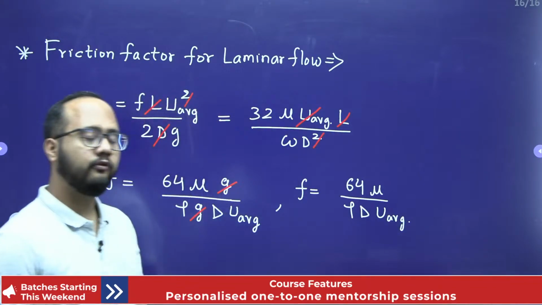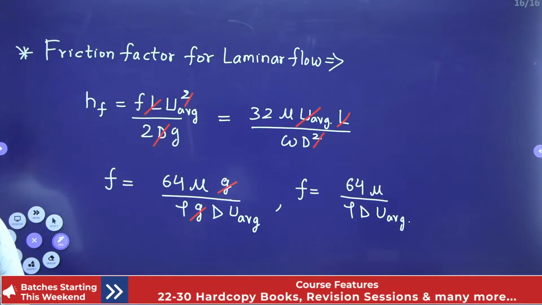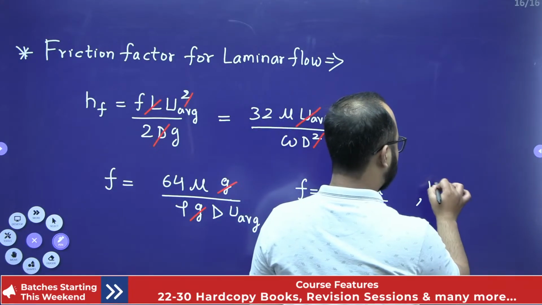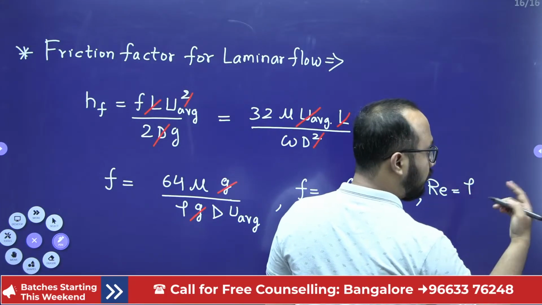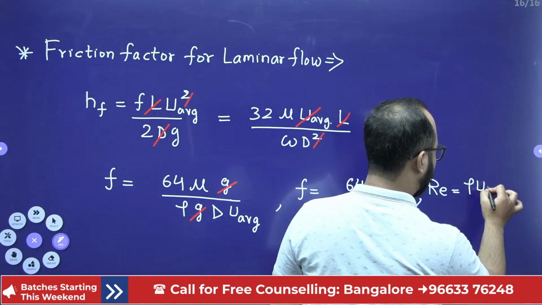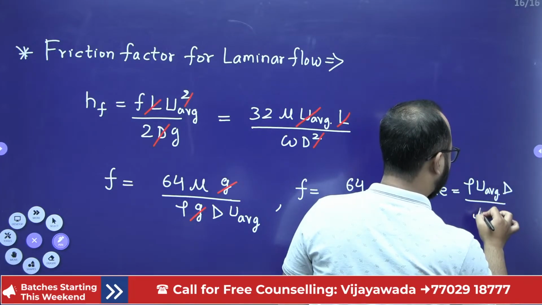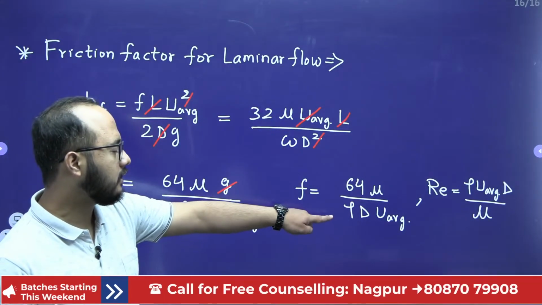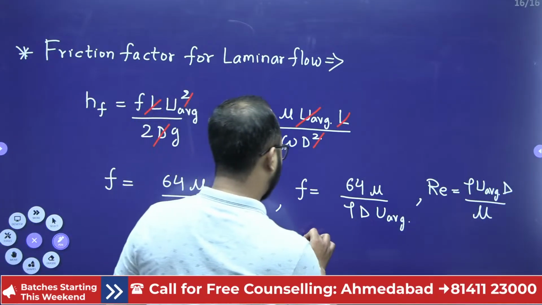Now there is a very important relation that everyone should remember, and that is the Reynolds number. What is Reynolds number? Rho into V, actually we'll write U average here, into diameter D divided by viscosity is the Reynolds number. So if you observe, 64 divided by Reynolds number is the friction factor here.